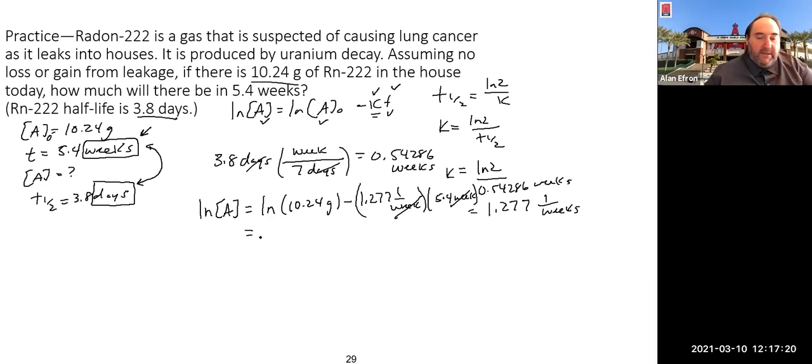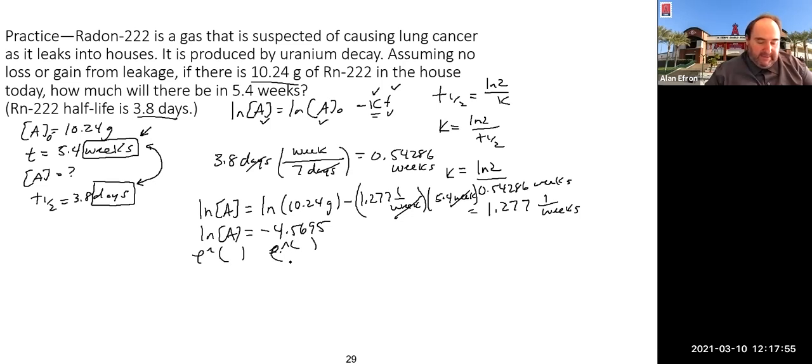If we clean up the right-hand side, we get the natural log of 10.24 minus 1.277 times 5.4. That's going to give us the natural log of A is equal to minus 4.5695. Again, I'm going to do the same move, take the e of both sides there.